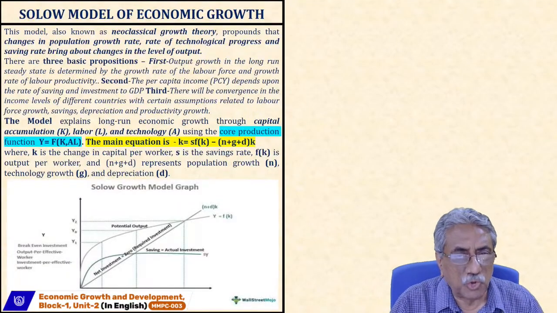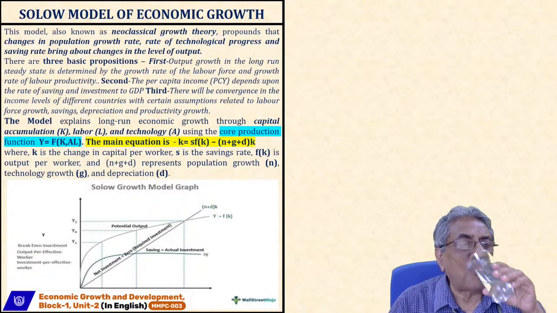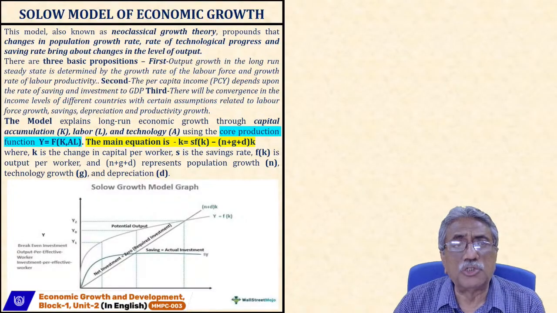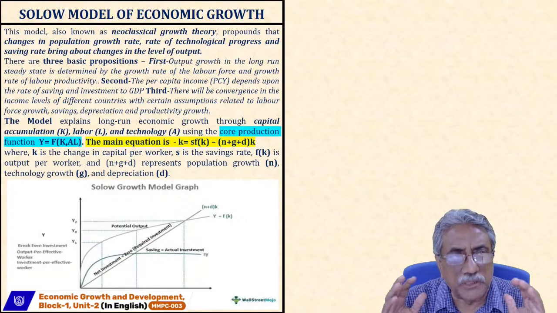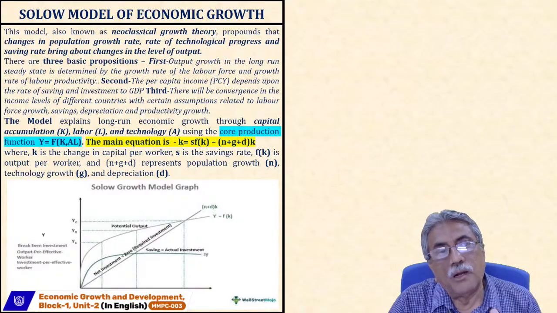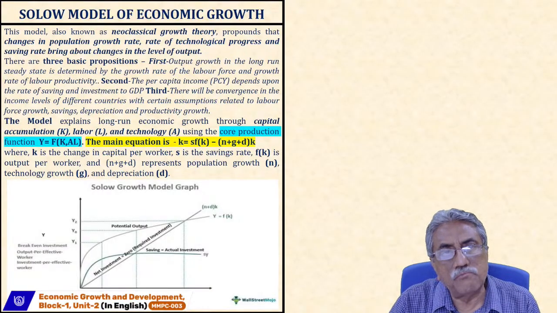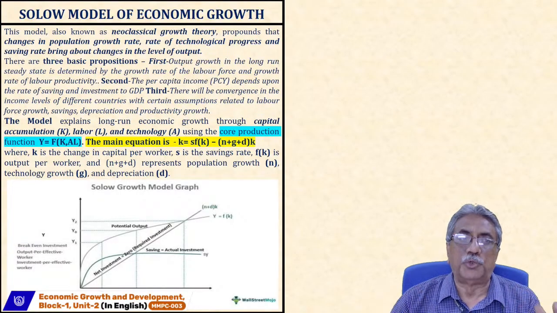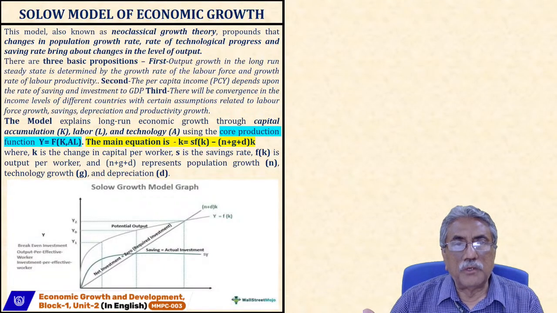Okay. Now Solow's model. This model, also known as neoclassical theory, is technical. It says population growth rate, rate of technical progress, and savings rate bring about changes in the level of output. If there are more people, the rate of technical progress is fast, and the savings rate is good, then the level of output will also go up.